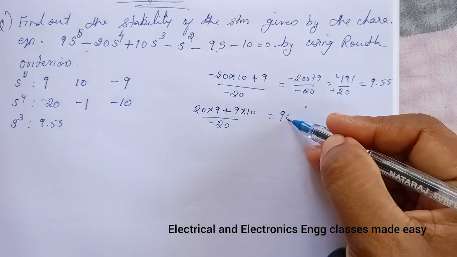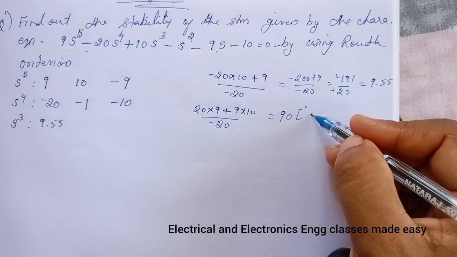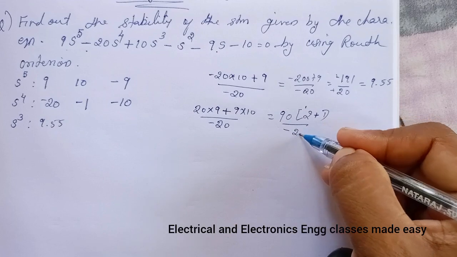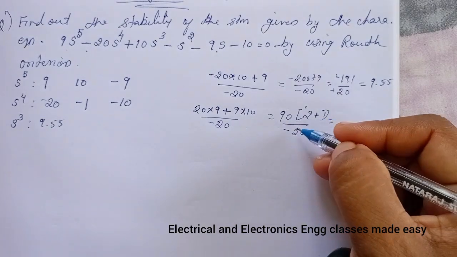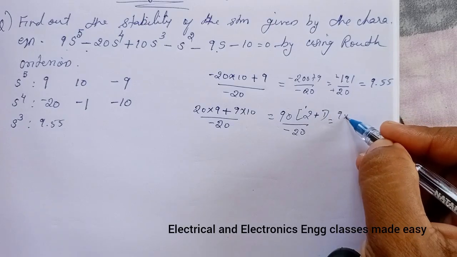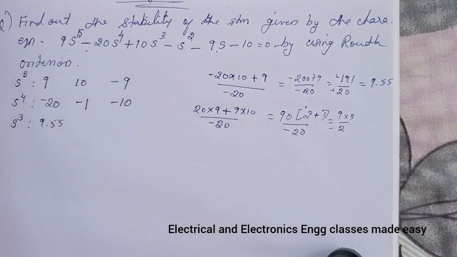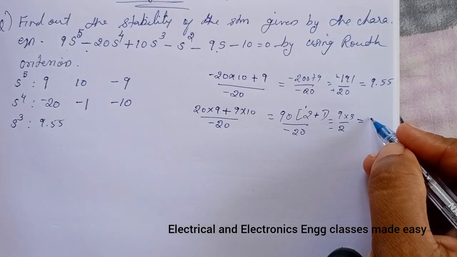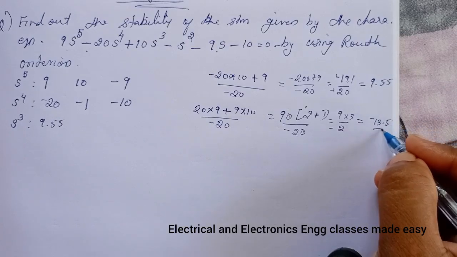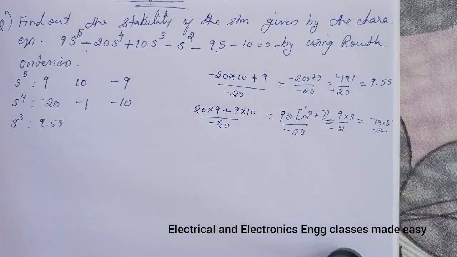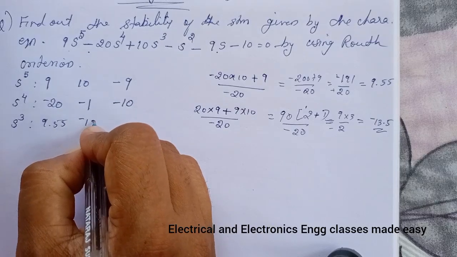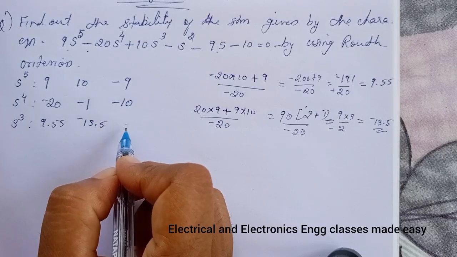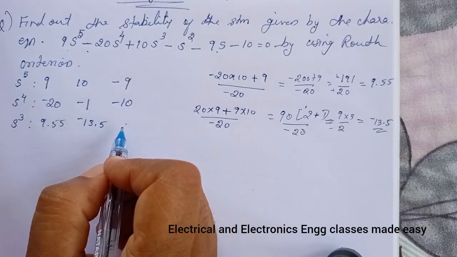Also 110, that is 9 into 20 plus 10, divided by minus 20, and that is equal to 9 into 3 divided by minus 2, that is minus 27 divided by 2, or we can write minus 13.5. So it is minus 13.5, and the next element is 0. Either we can write 0 or no need to write.